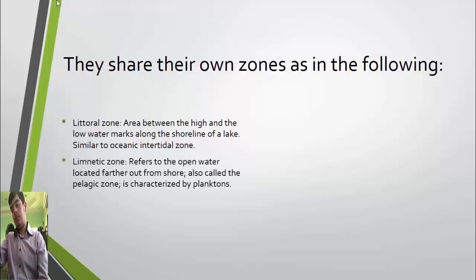So here we have the limnetic zone. It refers to the open water located further from the shoreline, also called the pelagic zone, and is characterized by plankton. So according to this, we understand that the level is not going like this, the level is going like this.